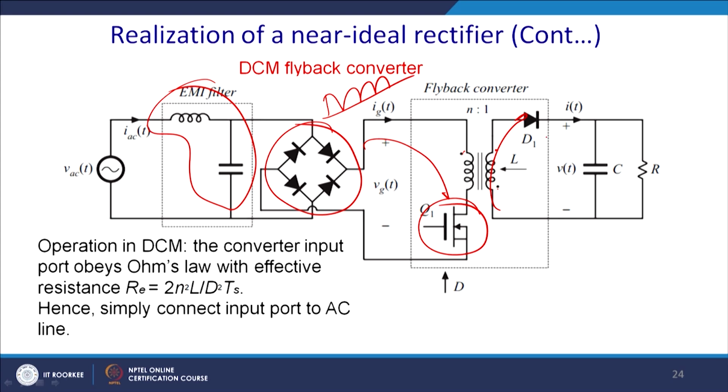Thus, this transformer requires a special property, and it is required to store the energy. So, when the switch is off, there will be a diode to suppress the stress across the switch, and there will be a resetting winding.